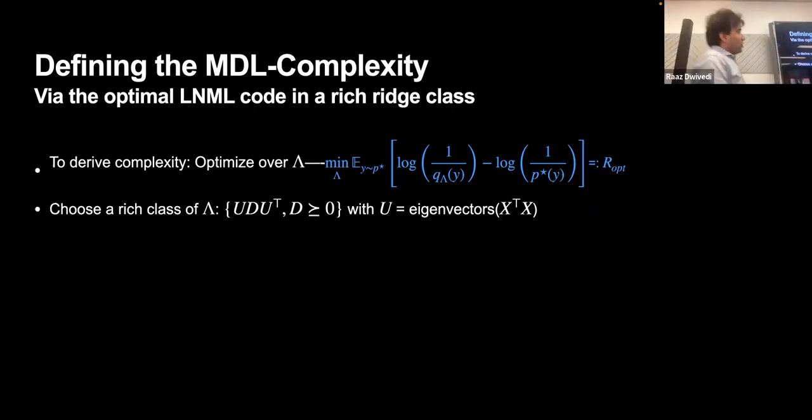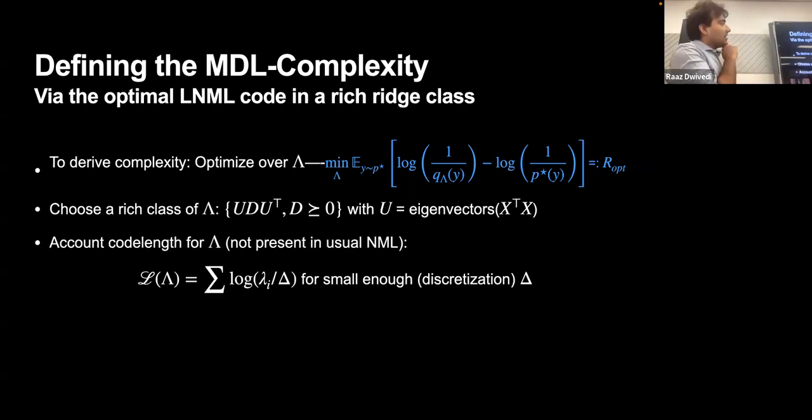And then you have to choose what kind of regularization parameters you will allow. So we allow for a rich class of lambdas that are simultaneously orthogonally diagonalizable with the X matrix in linear models. Now, these are a bunch of things you have to deal with because you're changing the complexity measure. Because you have regularization, you have to account for the code length of this regularization.